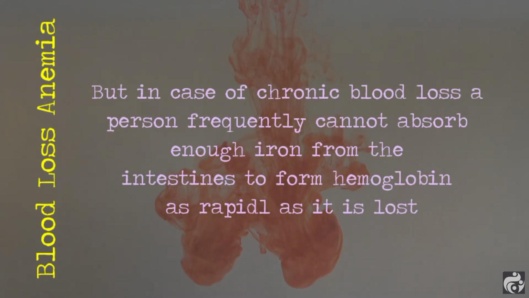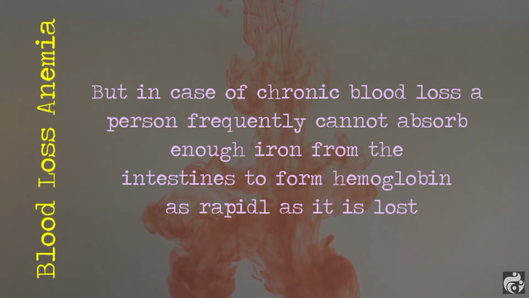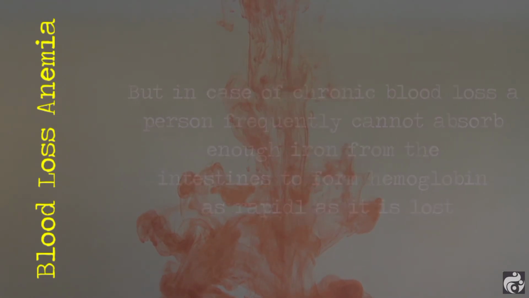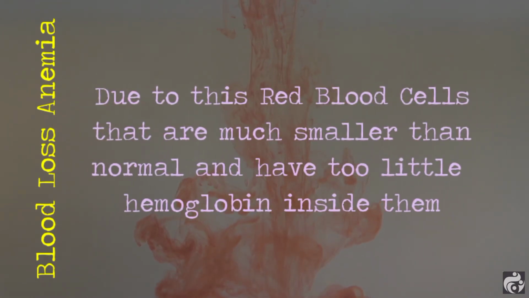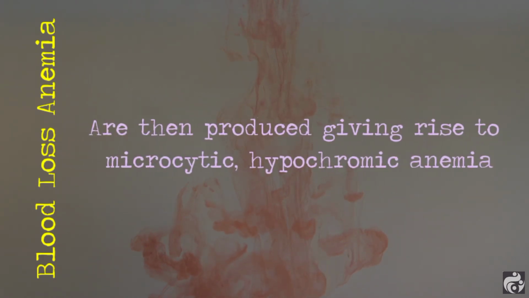But in case of chronic blood loss, a person frequently cannot absorb enough iron from the intestines to form hemoglobin as rapidly as it is lost. Due to this, red cells that are much smaller than normal and have too little hemoglobin inside them are produced, giving rise to microcytic hypochromic anemia.